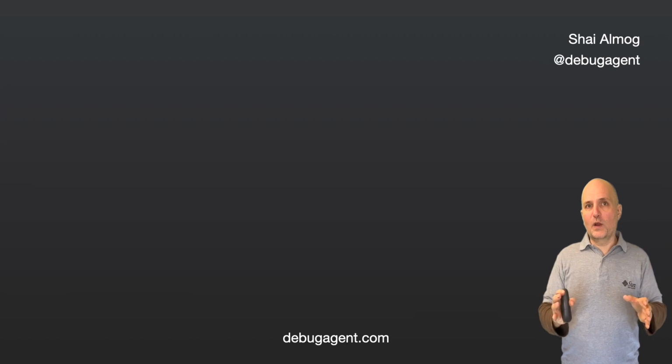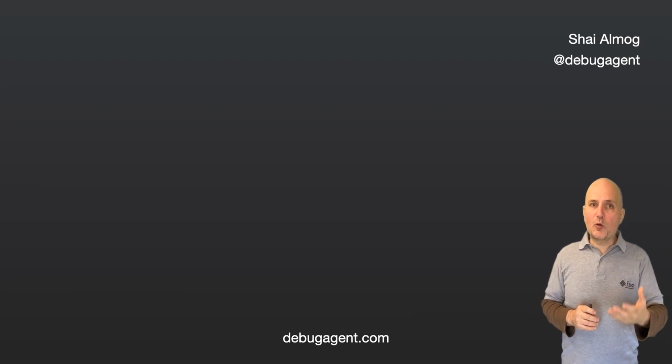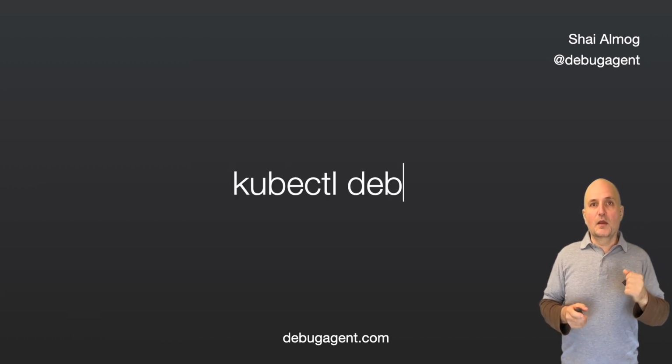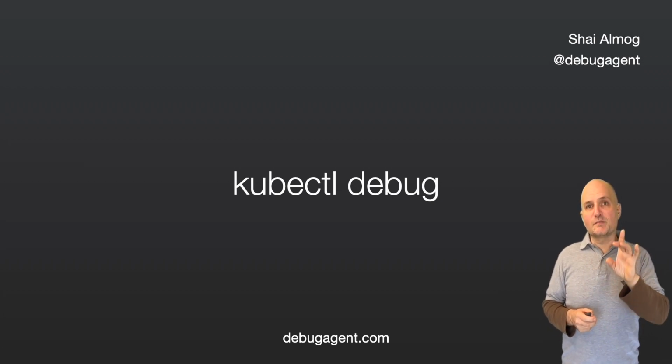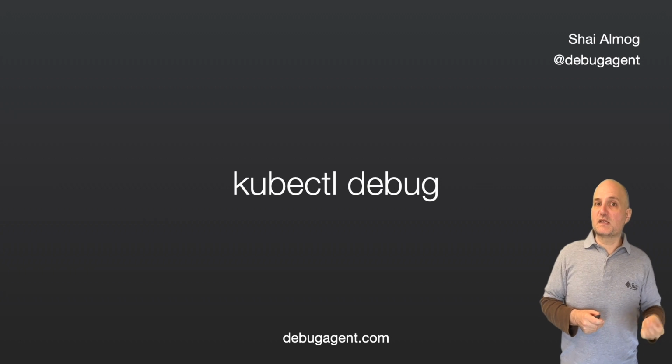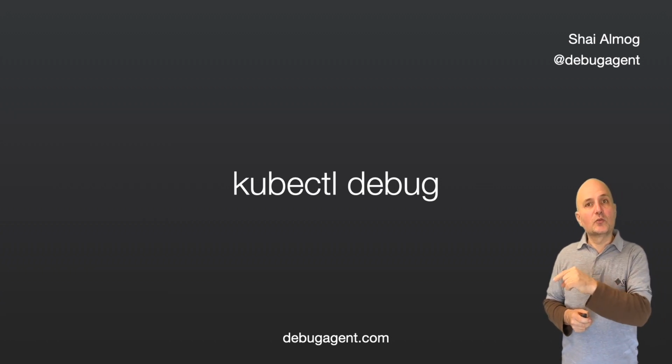There are many ways to create such containers, but the most powerful is probably with kubectl debug. Initially, it seems to work similarly to the exec command, but that's misleading. It creates a separate ephemeral container in the same namespace as the container you're trying to debug.